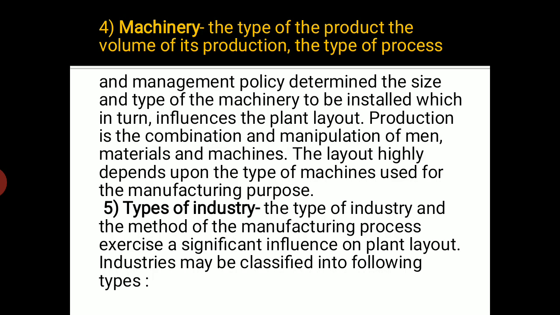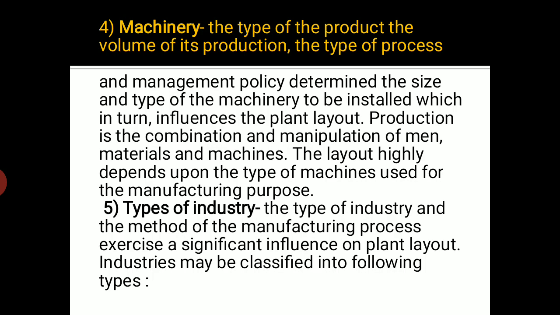Production is the combination and manipulation of man, materials, and machines. The layout highly depends upon the type of machines used for manufacturing purposes. At times the unit may be very economically sound, and then it may have an automated plant. That means only a person is required to switch it on and switch it off, and everything goes by its own.